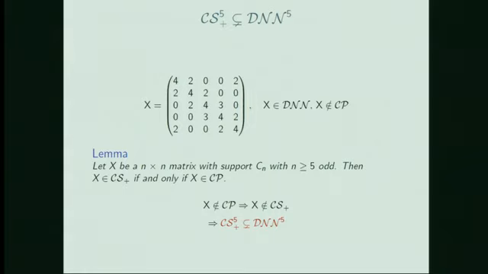So a matrix of such a form has support the 5-cycle. For such a matrix, we can prove that X is completely positive semi-definite if and only if it is completely positive. So now this matrix has support the 5-cycle and is not completely positive, so we get directly that it's not completely positive semi-definite. So we have one direction of the separation.